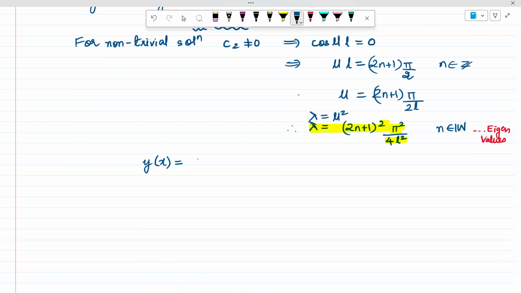So c2 sin, the value of nu x is given by 2n plus 1 pi x upon 2l. Okay, so this is going to be the entire angle for sine. So these are your set of eigenfunctions.